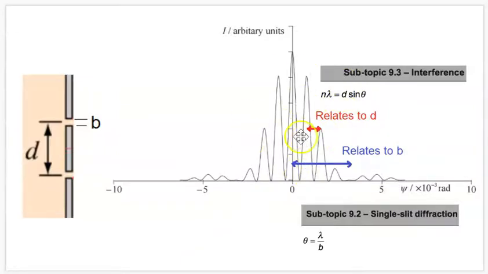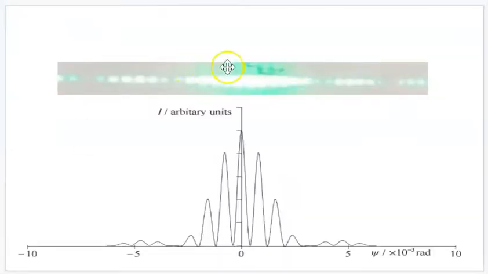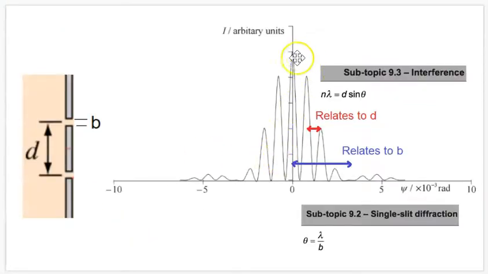So this one doesn't exactly match the one I just did, but in the one I just did, we had a D that was 6 times bigger than the B, which is why from the middle of the single slit envelope over to the cutoff, we're seeing 6 double slit bumps when you see this here, right? And this graph matches a different setup because there's less. With this graph, you've got your 1, 2, 3, 4 instead of 6 bumps.